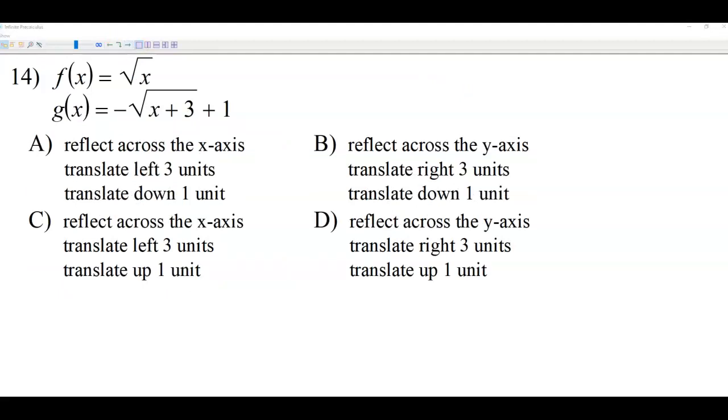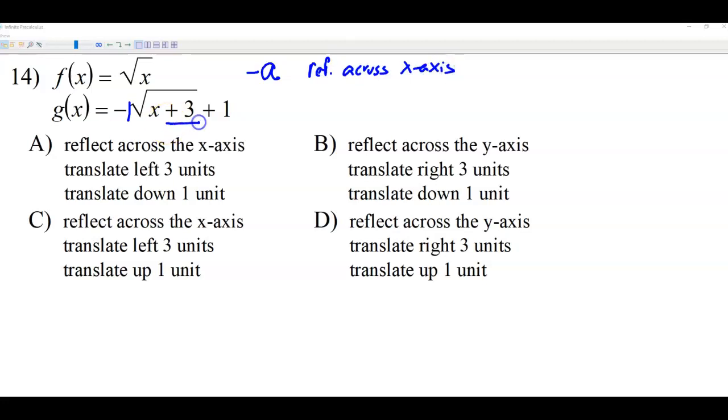14, another one. This time I'm giving you two equations, just asking you the question in a different way. So for this one, I'm noticing that my A is negative, which means that my graph is reflected across the x-axis.